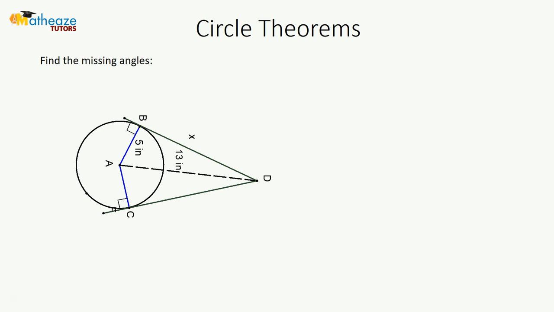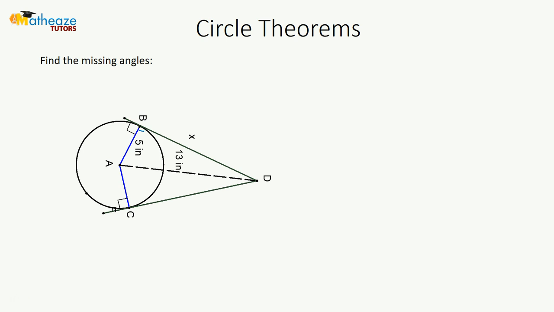And finally, we have this situation here where the angle formed with the tangent at the circumference is 90 degrees. So what we have here is we're trying to find out the length of BD. So we have a right triangle here.